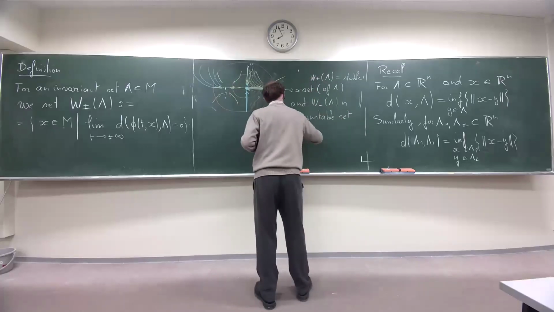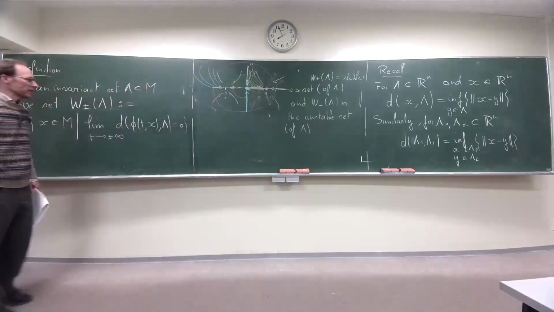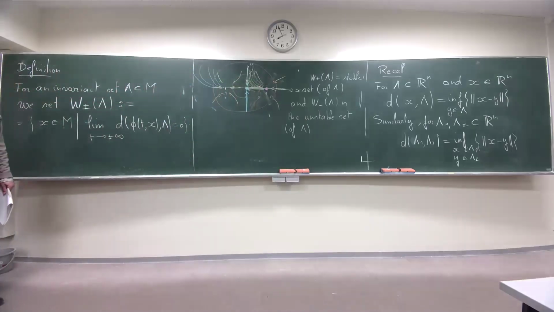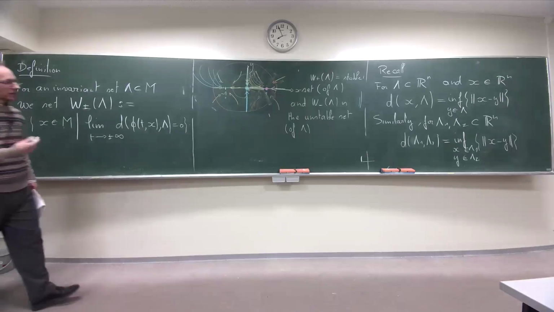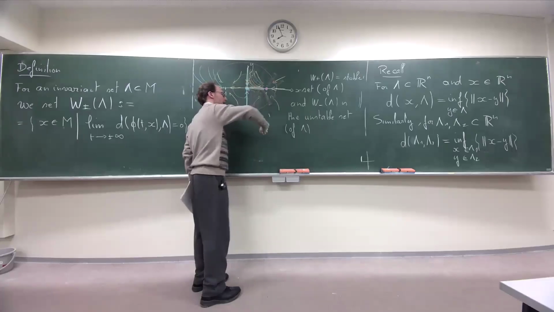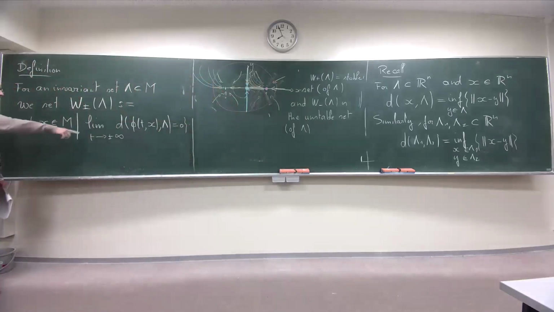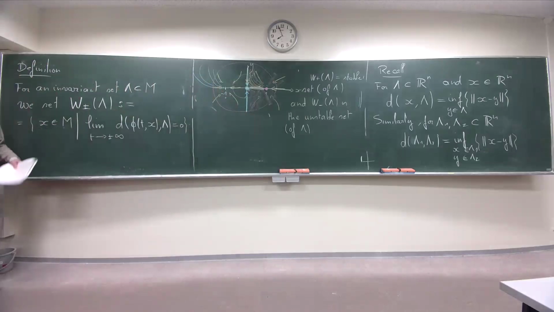If you go with t going to minus infinity, it is a set of points which are finally going away. For me, it's more difficult to imagine what it represents when t goes to minus infinity. It's a bit easier with t going to plus infinity, but you have to reverse the picture for t going to minus infinity.